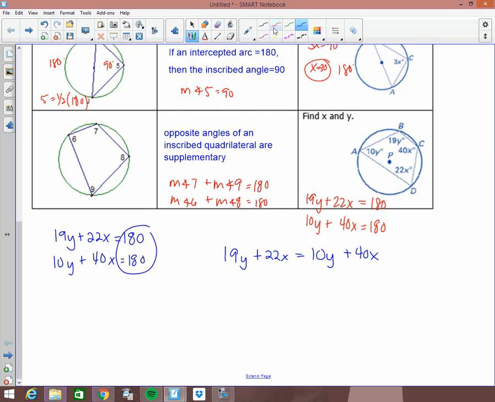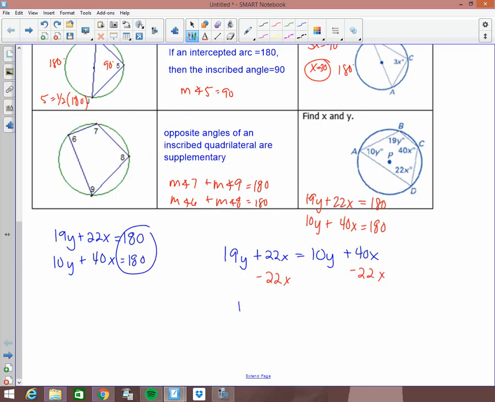So I think I'll go ahead and solve for y. So I do that by subtracting 22x from both sides.